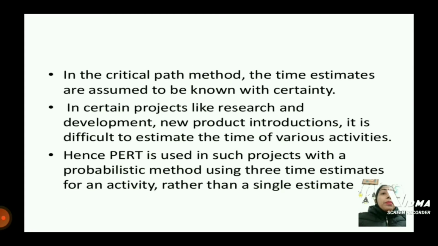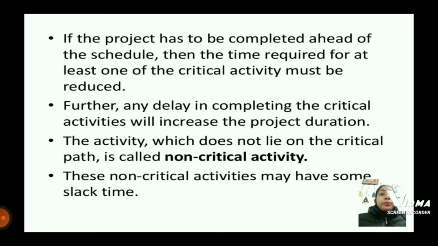In the critical path method, the time estimates are assumed to be known with certainty. In certain projects like research and development and new product introductions, it is difficult to estimate the time of various activities. Hence, PERT is used in such projects with the probabilistic method, using 3 time estimates for an activity rather than a single estimate.